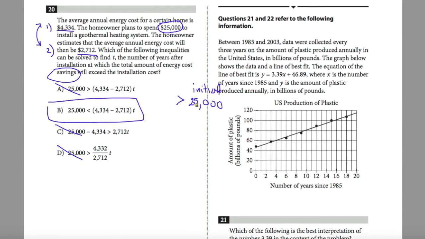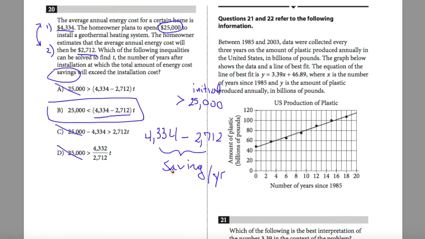The $25,000 is going to be on the opposite side. Well, where are they getting the $4,334 minus the $2,712? That's what you were first paying and now deducting. So $4,334 subtracting your $2,712, this is your savings, and this is actually going to be your savings per year.